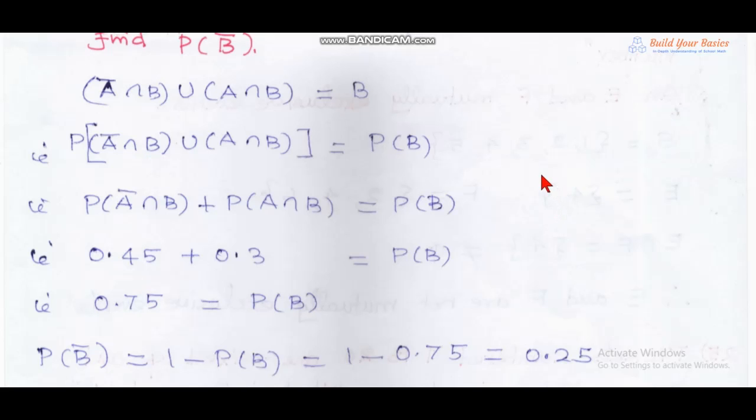A bar intersection B and A intersection B are mutually exclusive events.